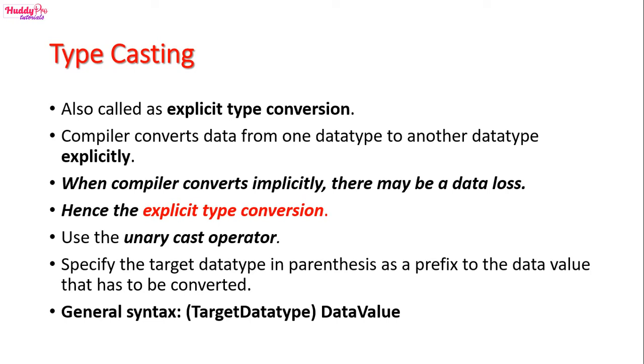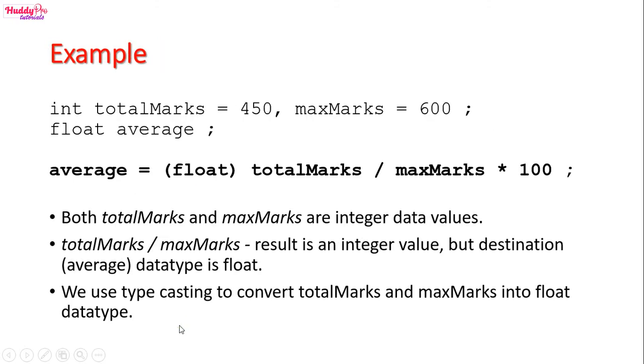To convert the data from one type to another type, we specify the target data type in the parentheses as the prefix to the data value that has to be converted. So this is the general syntax. You put the target data type. If you want to convert to float, you put the word float in these parentheses. Then you put the data value that you want to convert.